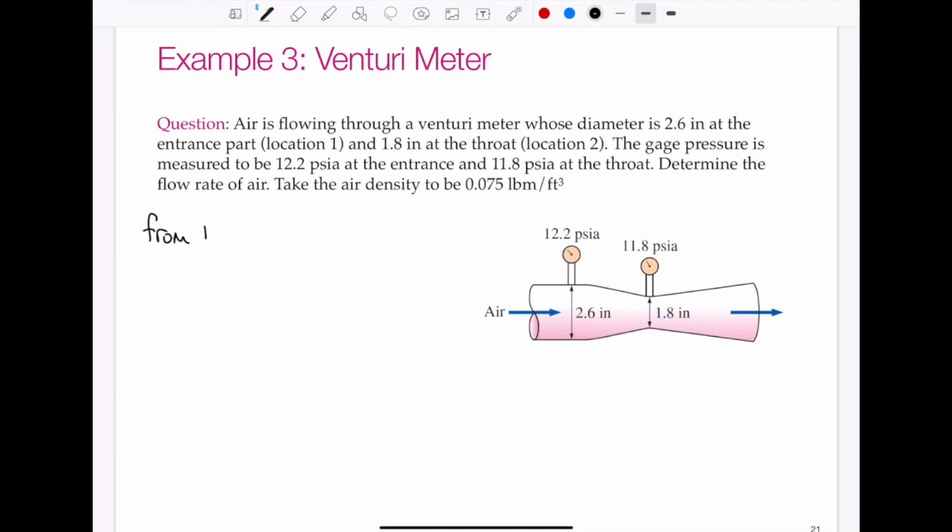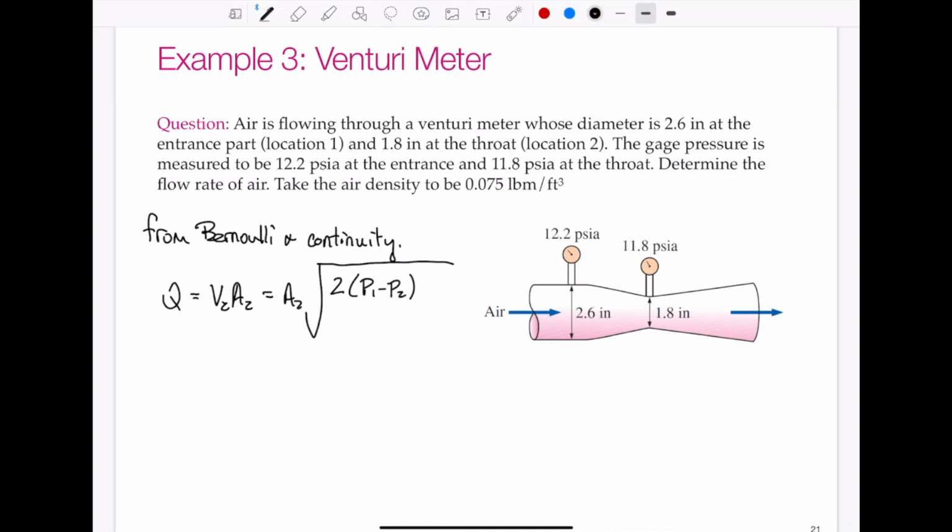So from Bernoulli and continuity, we have Q is equal to V2 A2, which is equal to A2 times the square root of 2 (P1 minus P2) over rho times (1 minus (A2 over A1) squared).